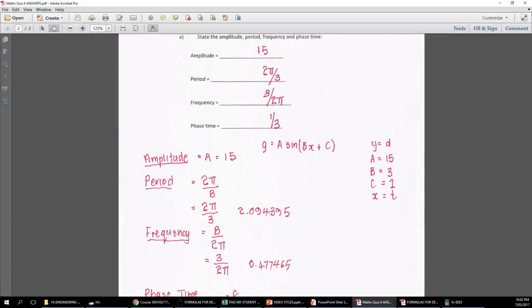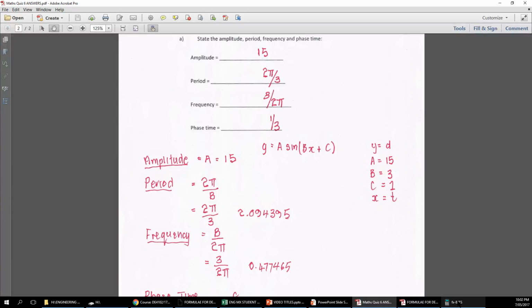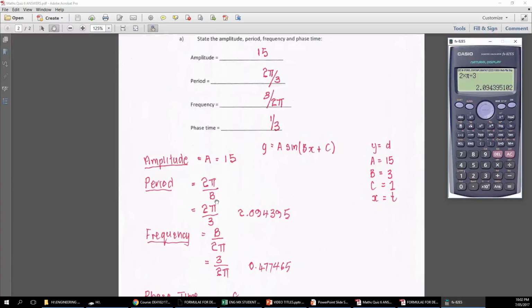Now, frequency is pretty much just 1 over the period. So it's just the reverse of that, or that flipped up. So it's just 3 divided by 2 divided by pi equals 0.477464829.